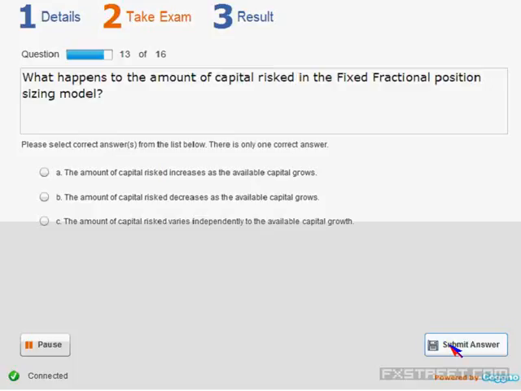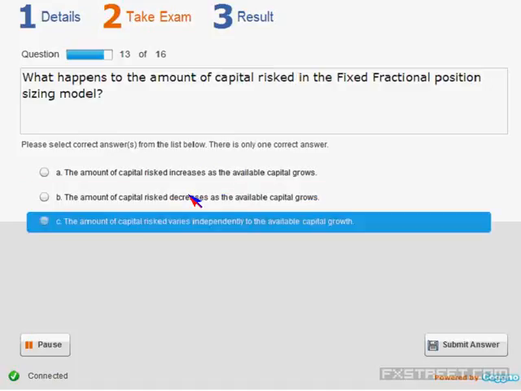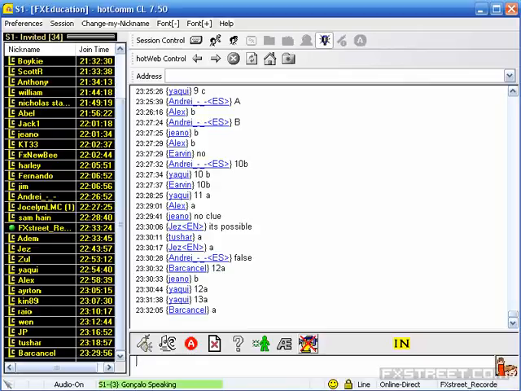So we have a fixed fractional and the capital risk, the amount of money we are risking, does it increase, which is answer A, or decreases, which is answer B, or is it independently of the equity growth? Okay, we have three answers for A. Okay, let's move on.